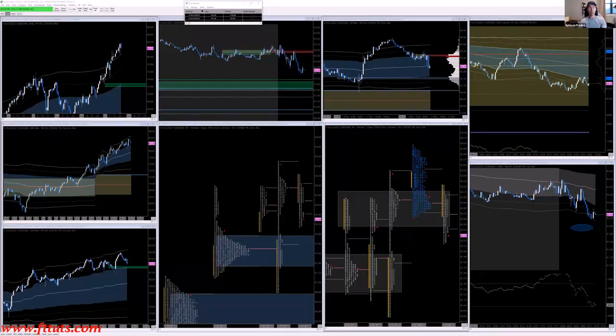What kind of a pullback could we potentially get in crude to see this thing through to our read on the destination for this move, which has not been achieved yet? Very easy for me here to get a nice risk reward multiple.